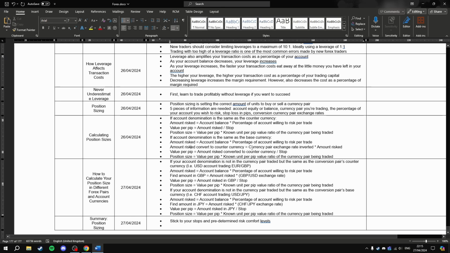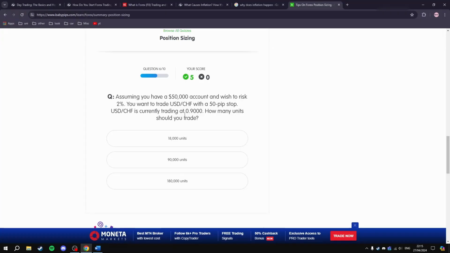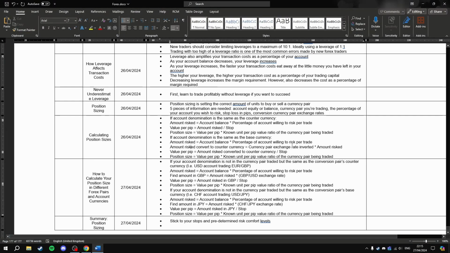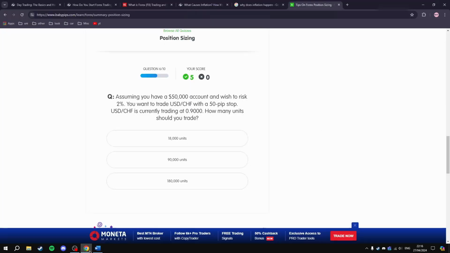Amount risked converted to counter currency, so the currency conversion rate is inverted. So that's 0.9 times 1,000, which is 900.